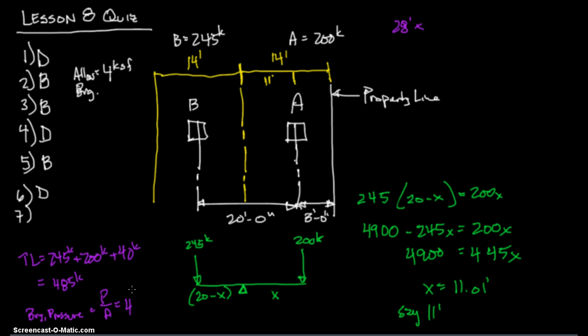So we want to say 4 KSF equals P, which we know, 485 kips, and we're figuring out 28 foot times the width. So we'll say W.